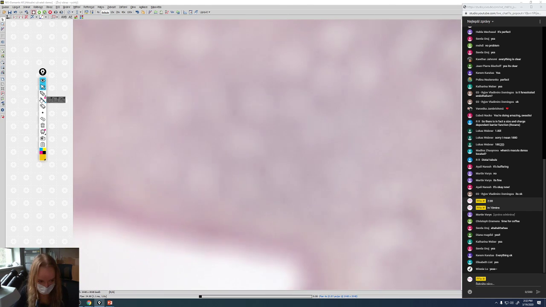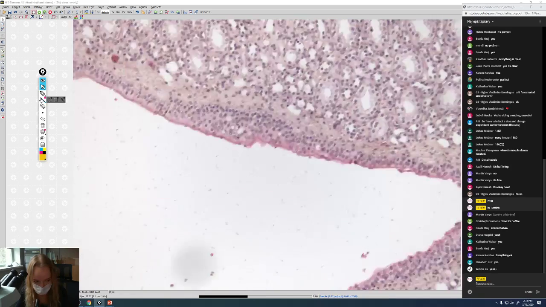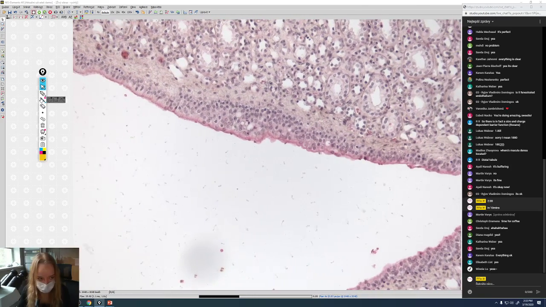And you probably know the special epithelium that is all over the urinary system, and it's transitional epithelium. So it's like this.